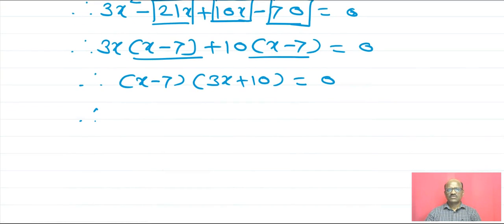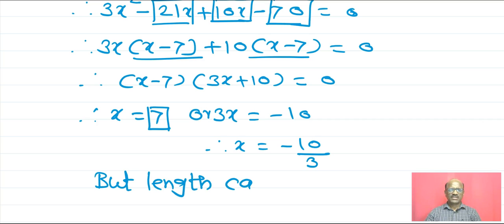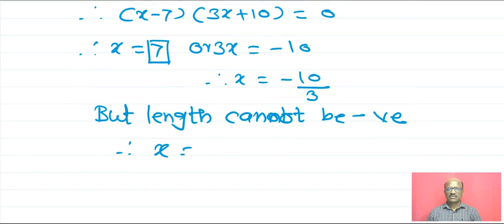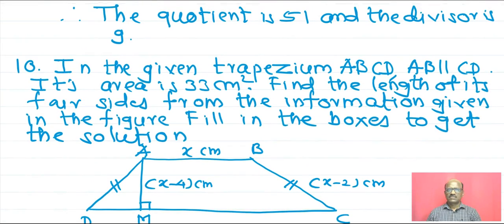Therefore, x is equal to 7 or x is equal to minus 10 by 3. But x equal to minus 10 by 3 is not possible. Length is not negative. Therefore, I have completed this.